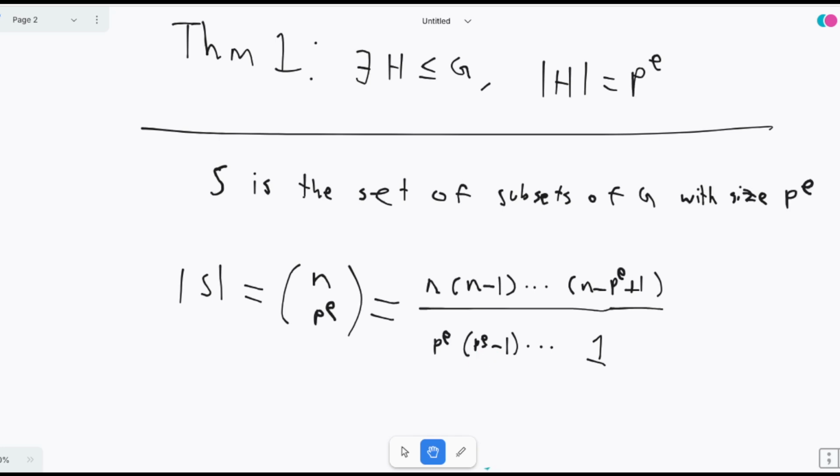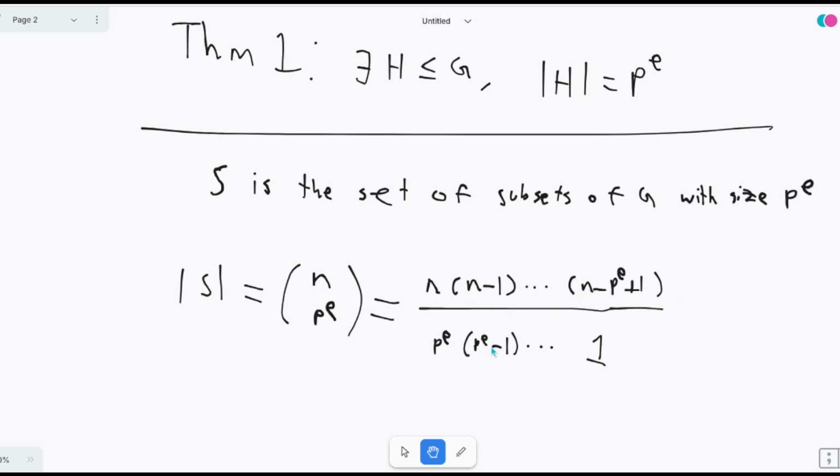The number of times that p divides the numerator and the number of times that p divides the denominator of this fraction is the same. It balances out in the end. There's one multiple of p to the e in each case.